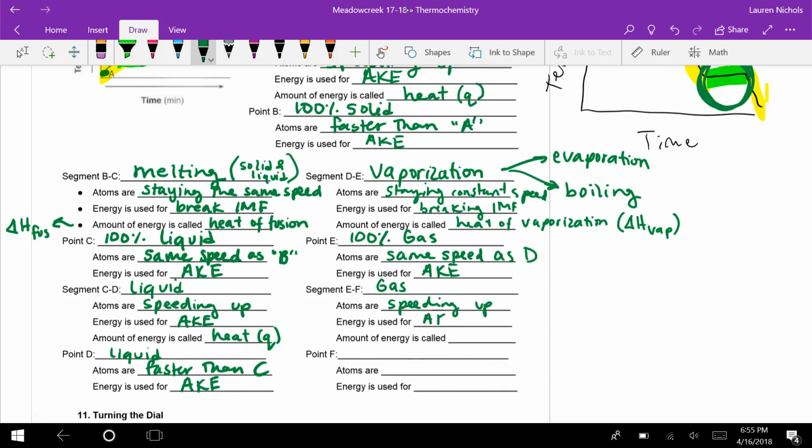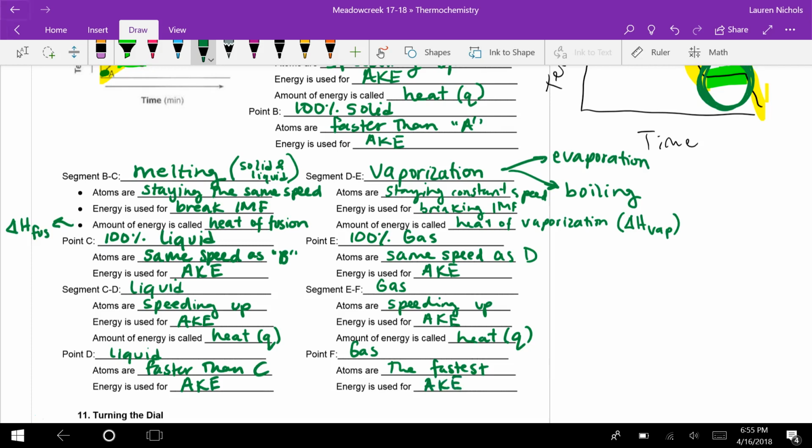Energy is being used for average kinetic energy. The amount of heat, or the amount of energy, which is a form of heat, well, heat is a form of energy, is Q. And point F is all gas still. The atoms are the fastest they've been, and energy is used for average kinetic energy still.